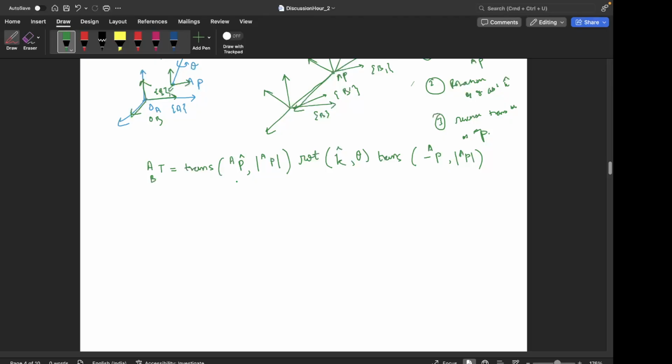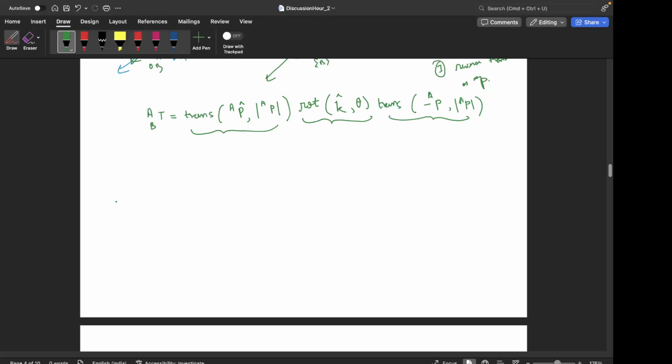Okay, and then we can basically write the matrix representation of each of these and multiply them. So let's just write each of them individually. So this is identity here because it's pure translation.